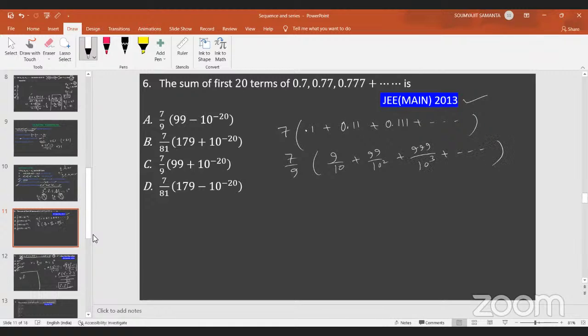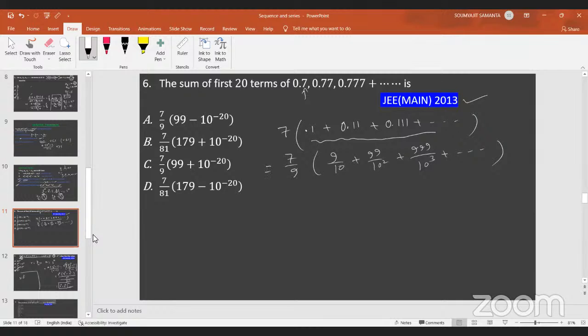To get the solution for this problem, what we need to do? Whatever the numbers you are seeing, just take that number as common, and then you will get 0.1, 0.11, 0.111, and it continues. And the next term you should multiply inside by 9. To multiply inside the bracket by 9, you should divide by 9.